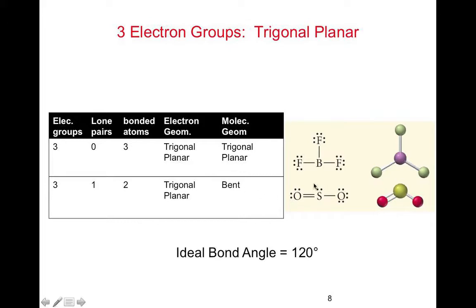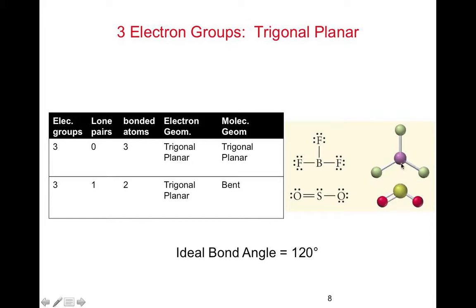Now when I have lone pairs on the central atom, things change a little bit. So in the case of sulfur dioxide, I still have 3 electron groups. I've got 1 lone pair, 2 bonded atoms, so I've got 3 electron groups. So the electron geometry, which only depends on the number of electron groups, is still trigonal planar. But now, because I have 1 lone pair, the actual shape of the molecule is no longer trigonal planar, right?